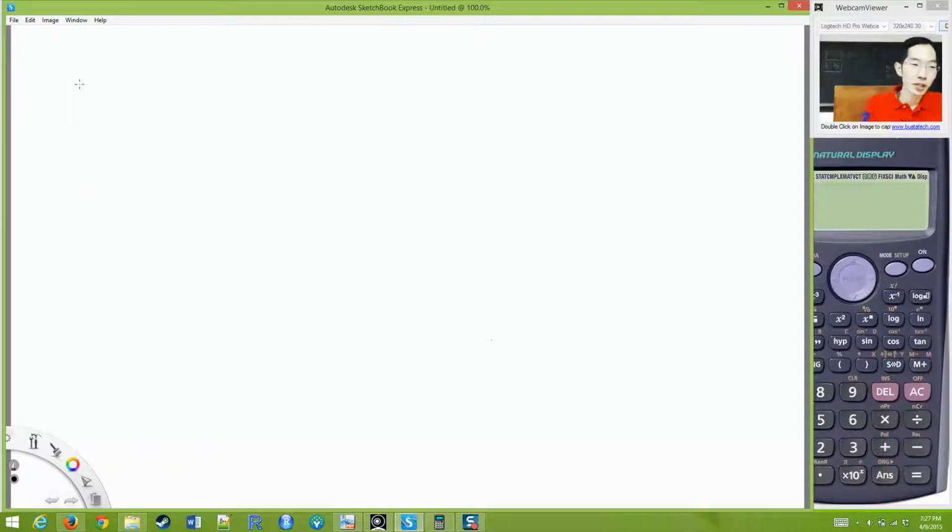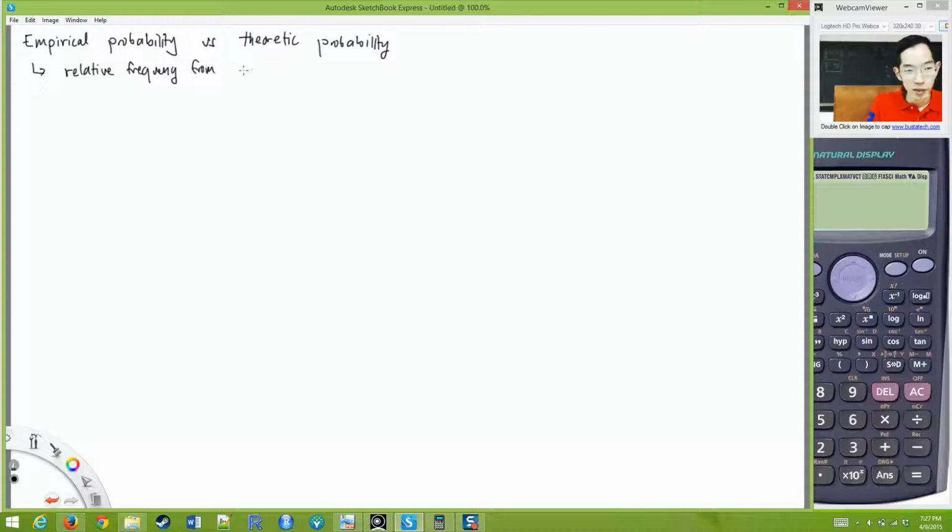Or here, let's talk about empirical probability. Theoretic probability. Okay. So empirical probability is basically the relative frequency from actual or simulated trials of the event.